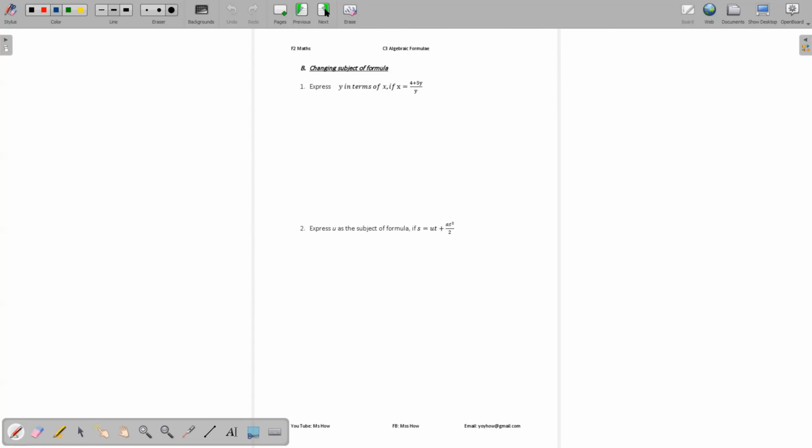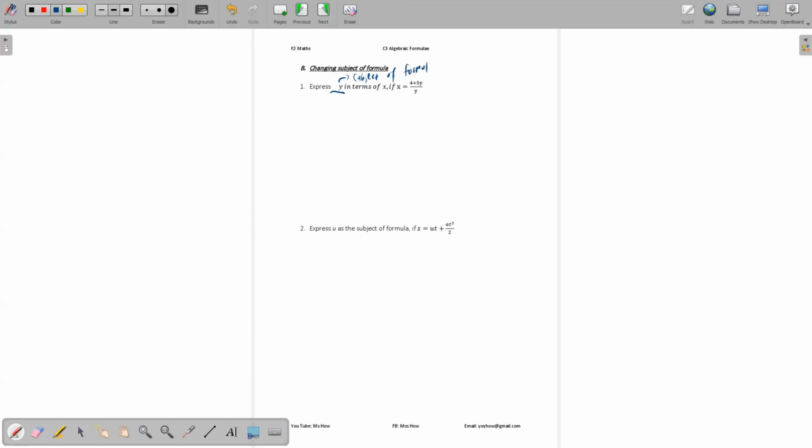So next part, when you are given some equations, you are asked to change the subject of formula. Originally your x is the subject of formula. Now you need to change your y into the subject of formula. So normally when we have something like this, express y in terms of x, your y is the subject of formula.